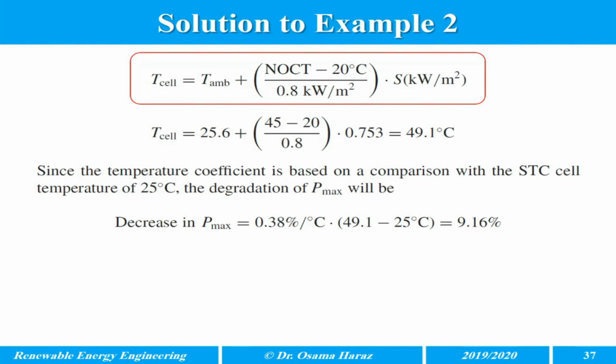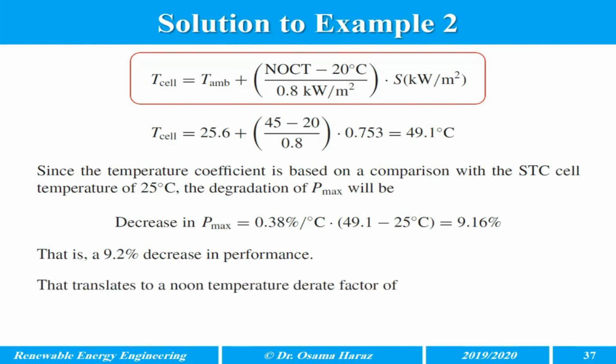So this is a decrease in power due to the increase in temperature of the PV module or PV cells. That means almost 9.2% decrease in performance. So that translates to a temperature derate factor. What is the NOCT derate factor?